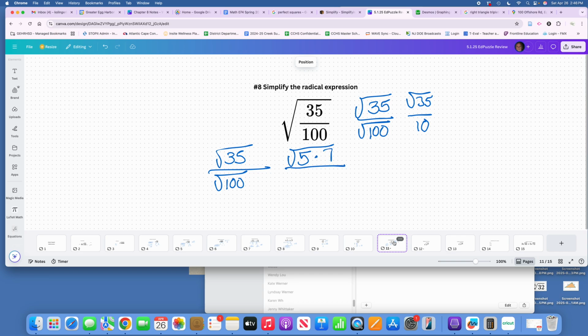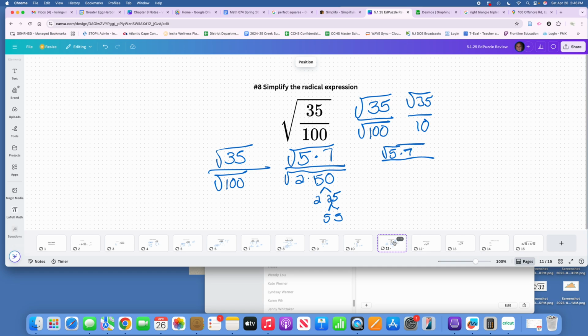Okay, and then 100, I'm going to break up into 2 times 50. Now I'm going to break the 50 down into 2 times 25, and I'll break the 25 down into 5 times 5. So on the top I have radical 5 times radical 7.